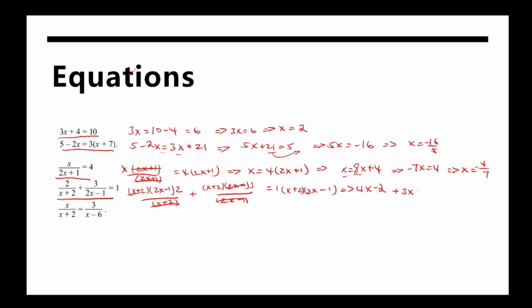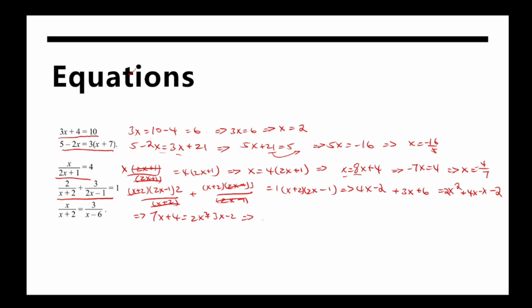plus 3x + 6, expanding the fractions, equals x times 2x² + 4x − x − 2, and combining the like terms, we'll have 7x + 4 equals 2x² + 3x − 2.